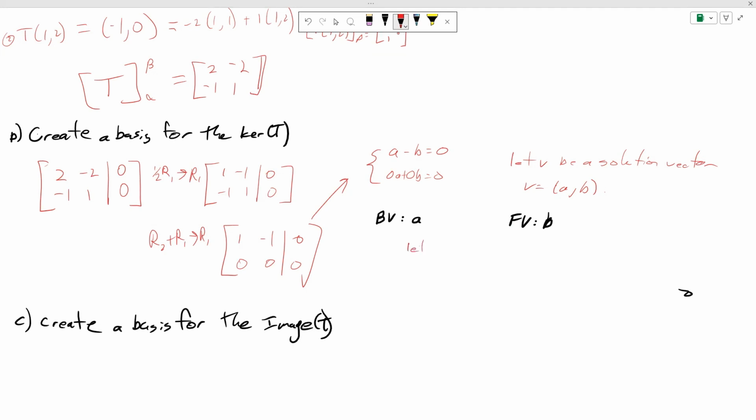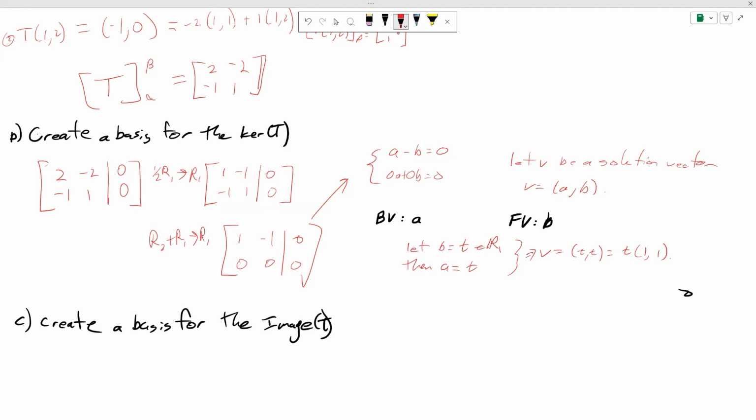So let B equal T, which is an element of the real numbers. Using our equation, A is going to equal T. Now we're going to update V. This implies that V equals (T, T), which equals T times the vector (1, 1).